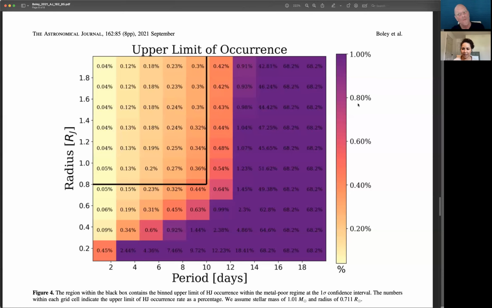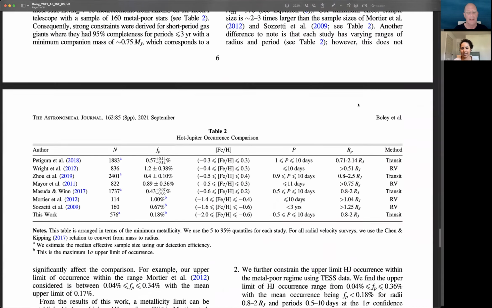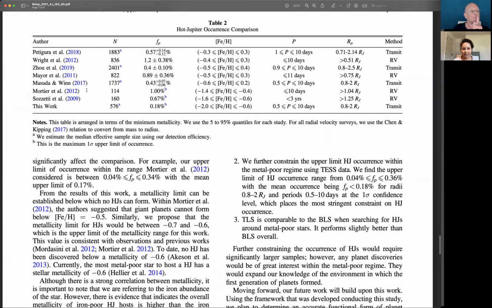But when you start to put this in context of other works, which we did in the last table in the paper, you end up seeing that if you look at the last three, so there's Mortier et al. 2012, as well as Sozzetti et al. 2019, what you'll notice is if you look at N and FP, these two columns, we had the highest effective sample size.